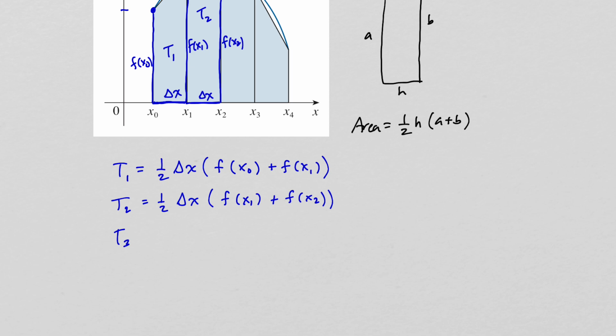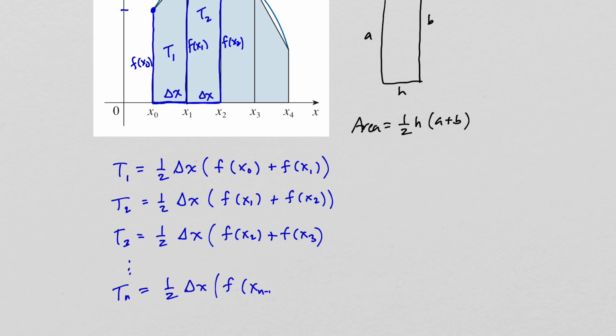So the area of the third trapezoid is going to be 1/2 delta x, f of x2 plus f of x3, etc. And when you get to the last one, it's going to be 1/2 delta x times f of xn minus 1 plus f of xn.